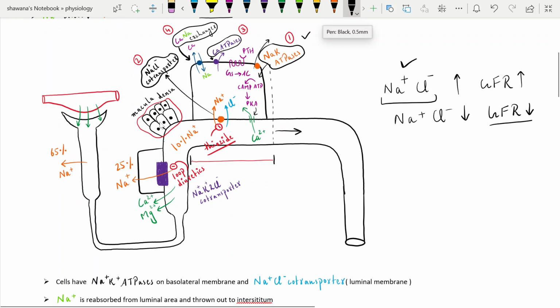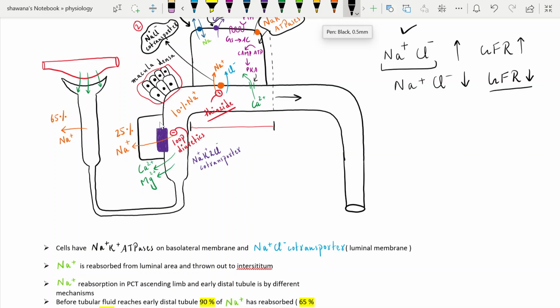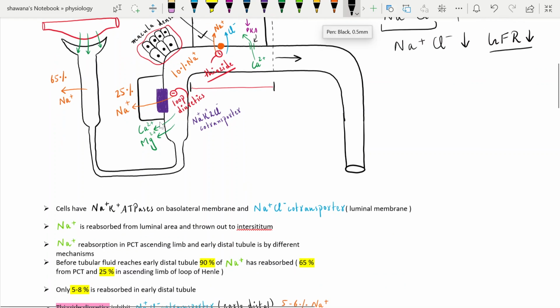And there comes the function of the second transporter, the sodium chloride co-transporter, present on the luminal membrane. As the cell is poor in sodium, this pump allows sodium to move into the cell along with the chloride ion, and this is known as the sodium chloride co-transporter.